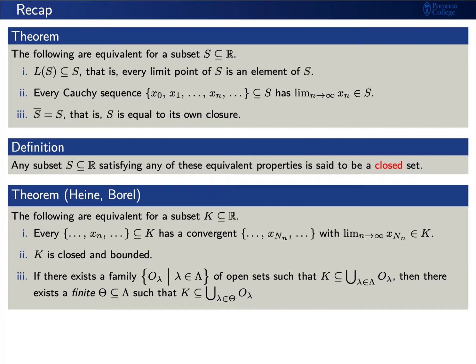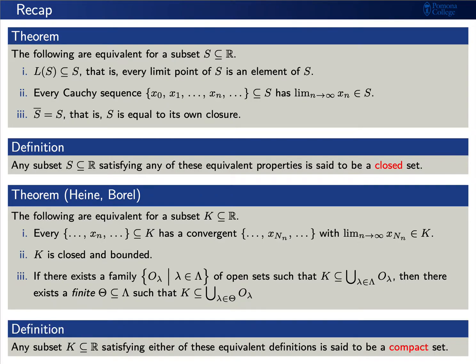Third, if there exists a family O sub lambda, where lambda ranges over some indexing set capital lambda, of open sets such that K is contained in the union of the O sub lambdas, then there is a finite capital theta contained in our indexing set capital lambda, such that K is contained in the union over O sub lambdas, where lambdas lie in this finite set capital theta. This is what's typically called the Heine-Borel theorem. Any subset K satisfying any of these three equivalent definitions is said to be a compact set.